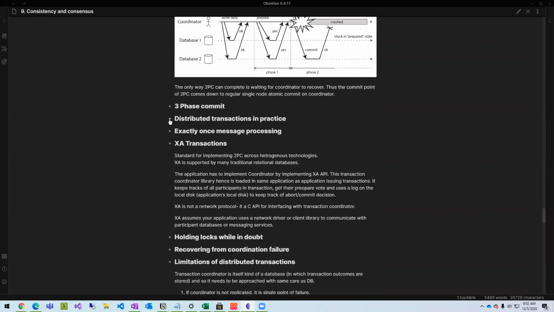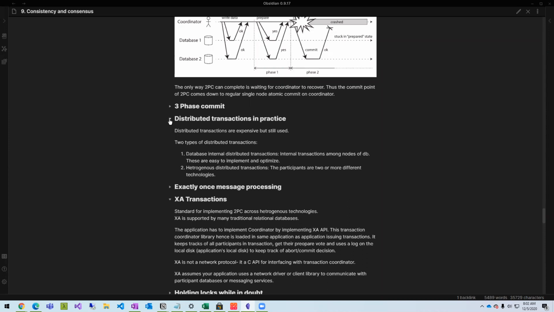The other thing was that in practice, if we want to implement distributed transactions, there are two types: homogeneous and heterogeneous. Homogeneous is database-internal distributed transaction. These internal transactions are among nodes of the same database, like the same SQL database.